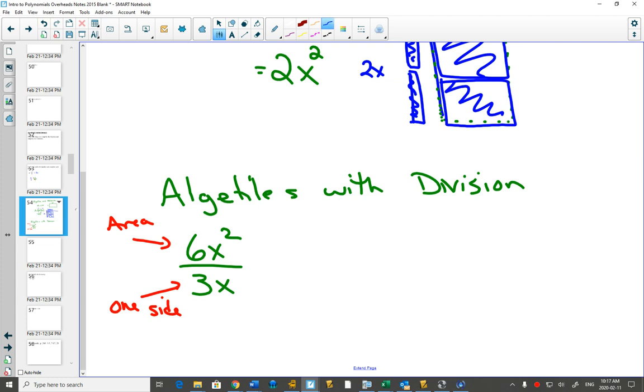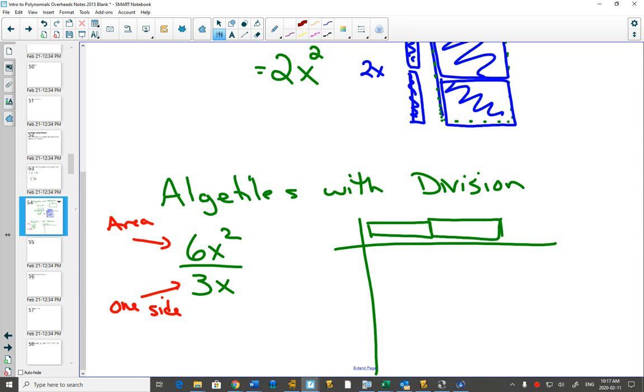So if I was setting it up on that chart, one side is 3 x's. So I could draw 1x, 2 x's, 3 x's. Do you remember why I shade them in? What's the difference between shading an algebra tile in and not shading it in? Right, the shaded ones are positive, the not shaded ones are negative.